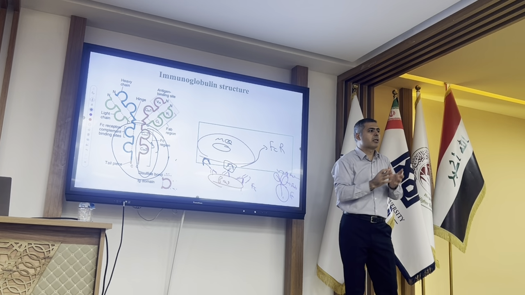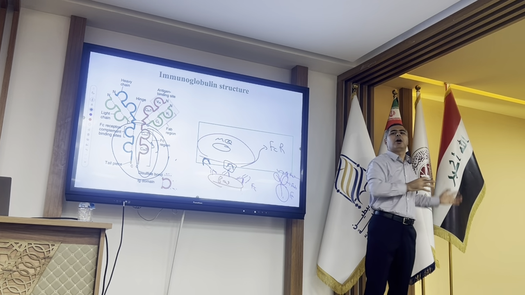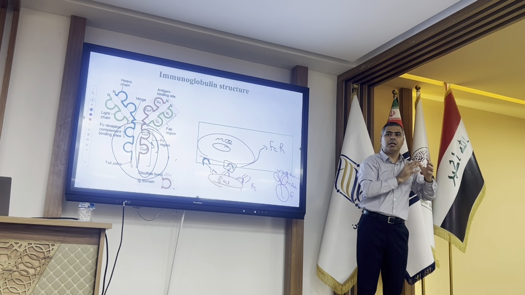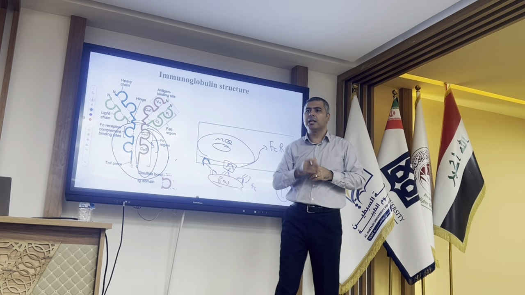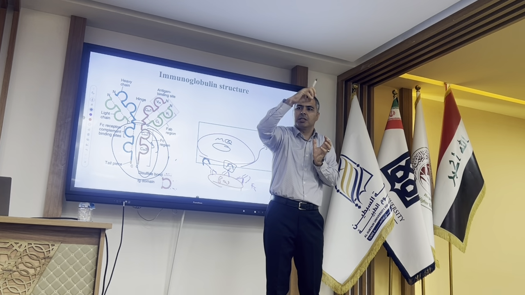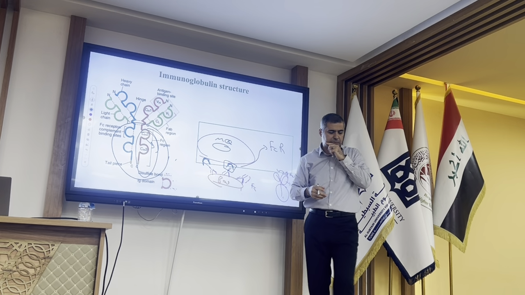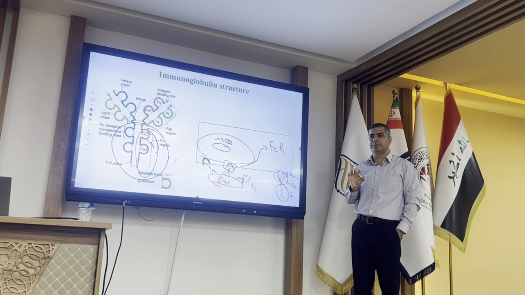Glycoproteins are proteins that are bound to carbohydrates. Glycosylation means binding of carbohydrate to protein, not just glycogen or anything like glycogen. So any carbohydrate can bind to the protein.